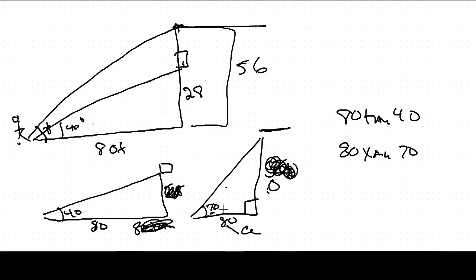Wait, am I thinking this wrong? You're making this way more complicated than you have to. Wait, no, because usually you would do tangent 61.3. What's the angle in that triangle? 70. So why wouldn't I do 80 times the tangent of 70? Okay, sorry. You just wrote it backwards, so it confused me for a little bit. Whenever you do it in your scientific calculator, that is the way you put it in. You put the side in times the angle.